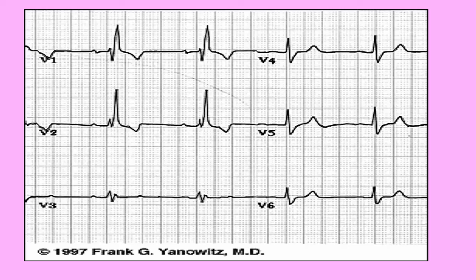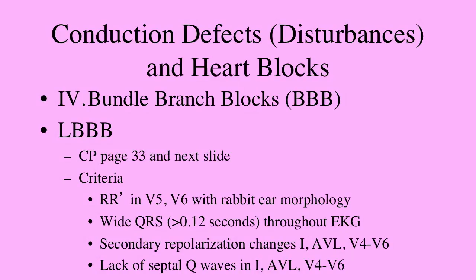Okay, the next bundle branch block to look at is left bundle branch block. Again, this is a conduction defect, and it's shown on page 33 in the course pack. This is something that's fairly easy to see because, as far as the criteria, it has a double R wave in V5 and V6, and they're both usually fairly large.